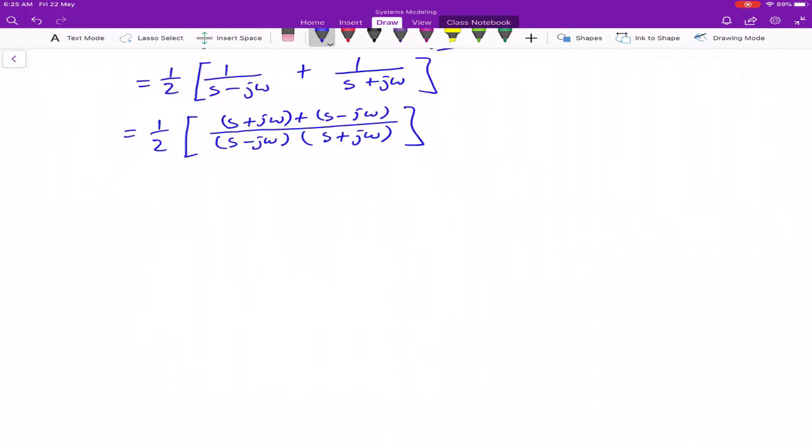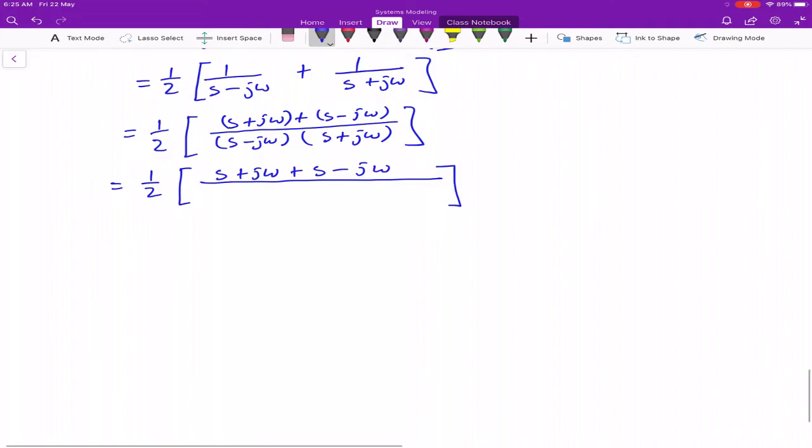Okay, let's expand this equation. We're going to have a half. Let me just open up these brackets, and we have s plus j omega plus s minus j omega. Okay, the top part is done. Then we are going to multiply the bottom.